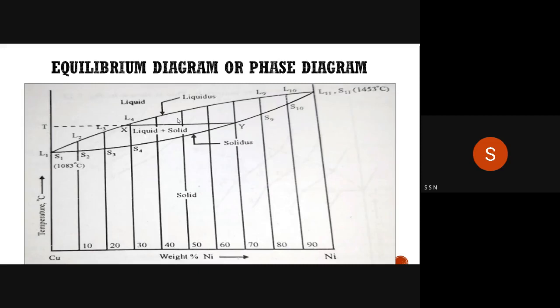Upper line, the liquidus line, on this line as well as above this line, all will be in the liquid phase. And in between these two curves, L1, L2, L3, L4 up to L11 and S1, S2, S3 up to S11, at all temperatures and all compositions, the phase will be liquid plus solid.